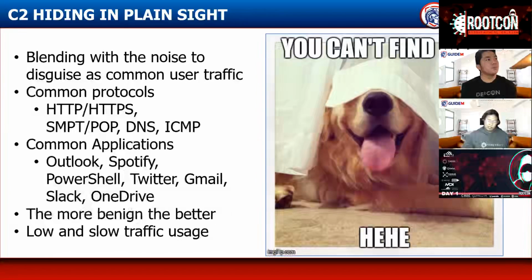Such as Outlook, we have seen APT groups use Twitter, Gmail, Slack, OneDrive as well. So the more benign, the better.